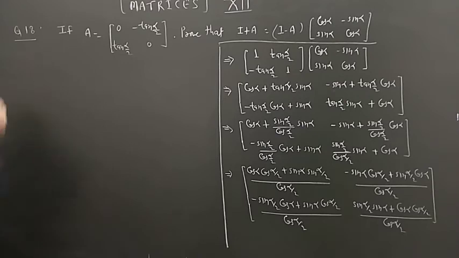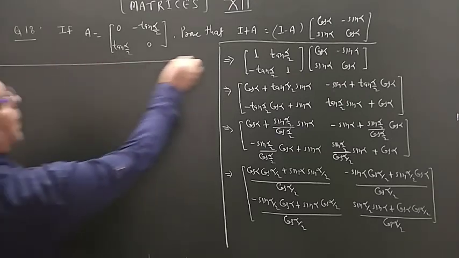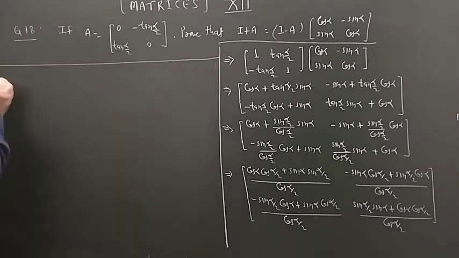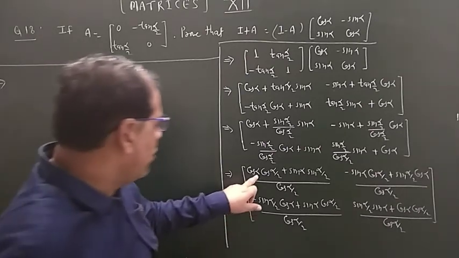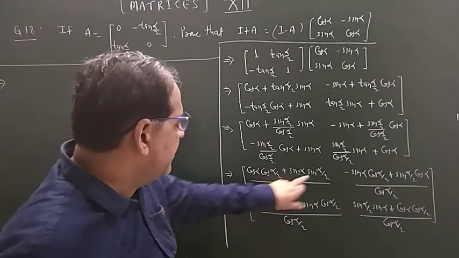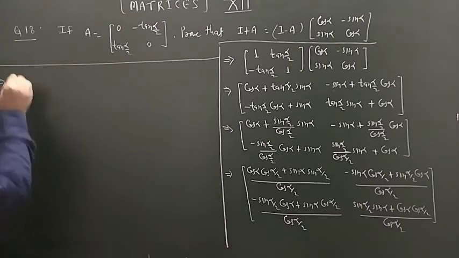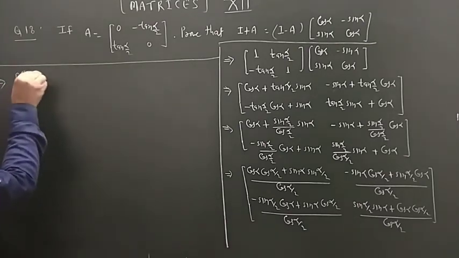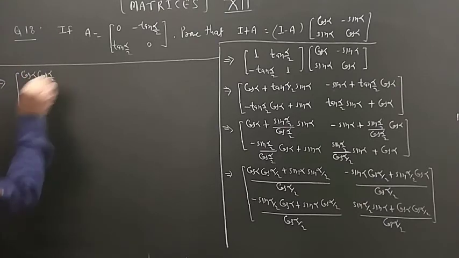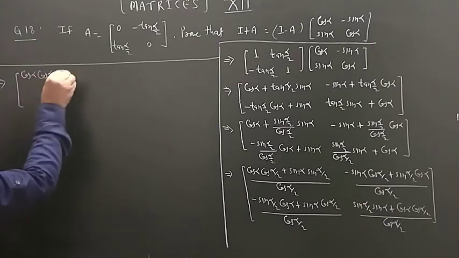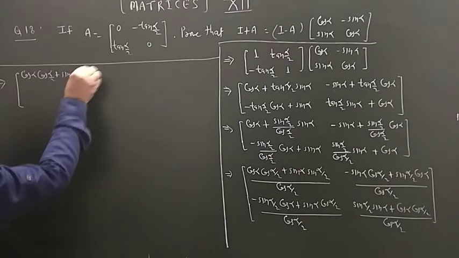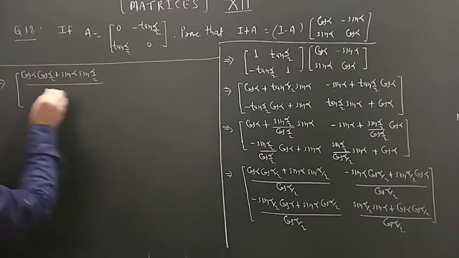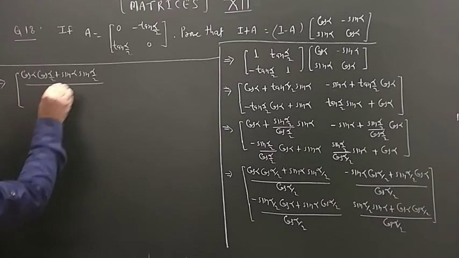Now the next step after it, cos alpha by 2, sin alpha by 2. This can be written again in a similar manner. So we have cos alpha by 2 plus sin alpha by 2 upon cos alpha by 2.